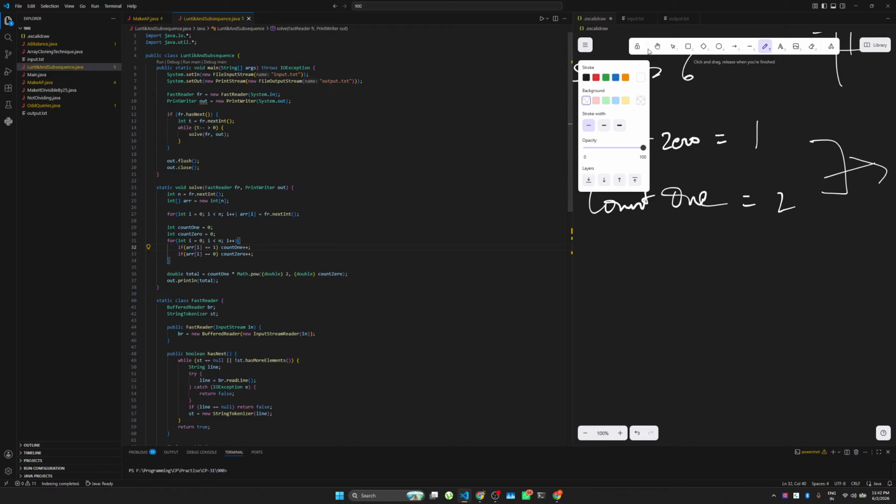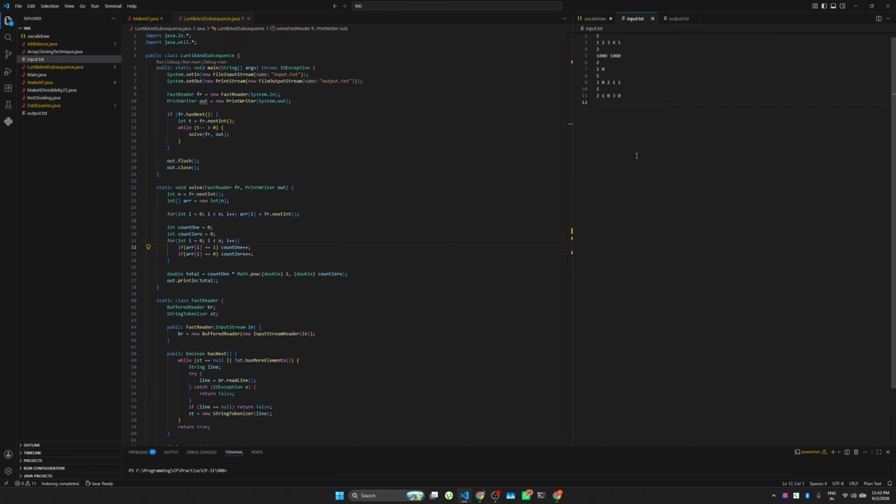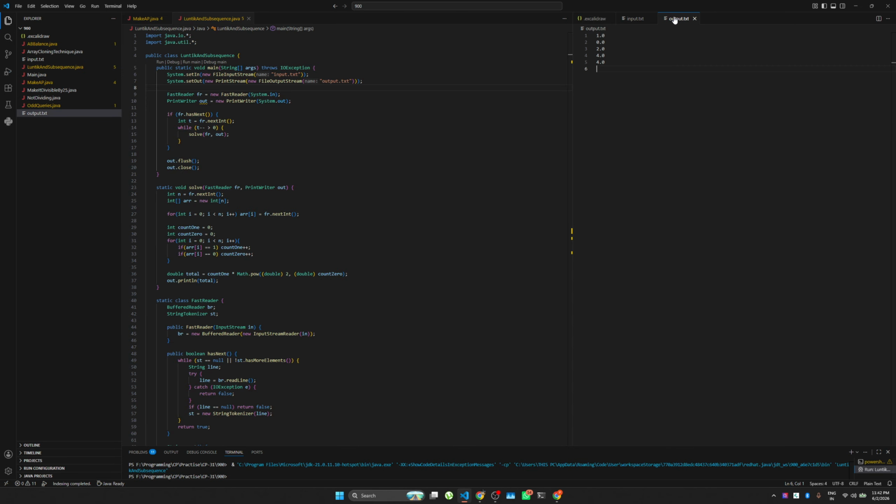Let us do a quick check. Let me copy from the input that we have, and then let's run this. All right, so we got 10244 in this format, which is correct. But we're getting it in the double format.